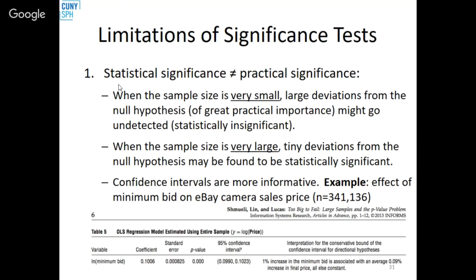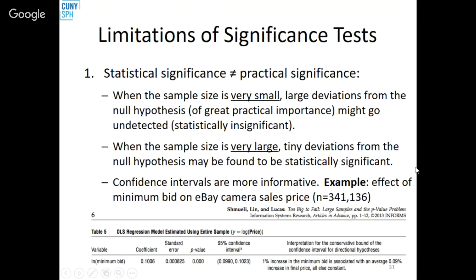So a statistically insignificant result does not tell you much. On the other hand, if you have a very large sample size, then even really tiny deviations from the null hypothesis being true can give you highly statistically significant results.